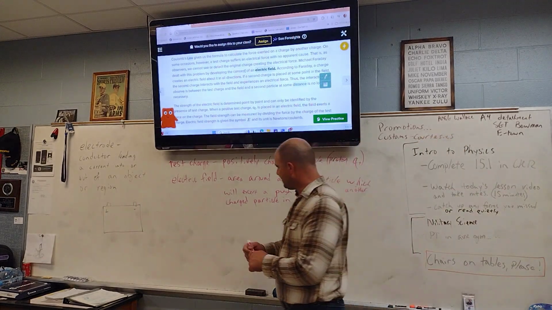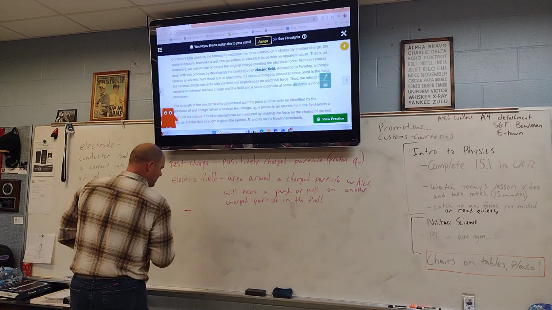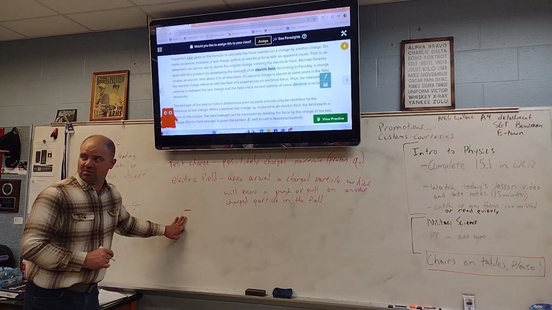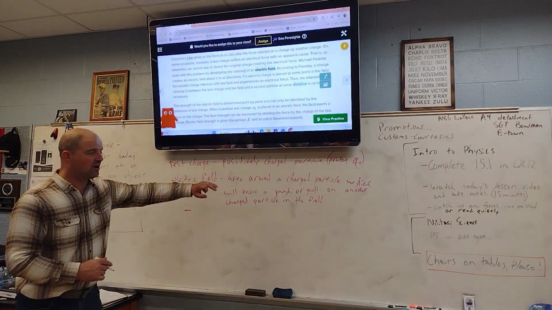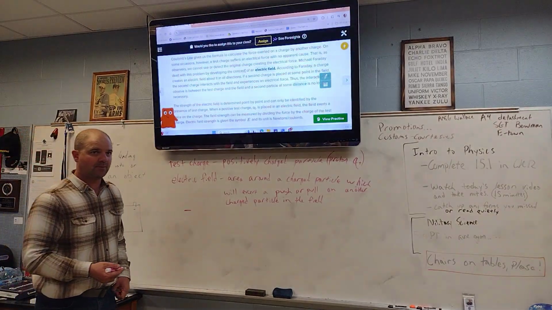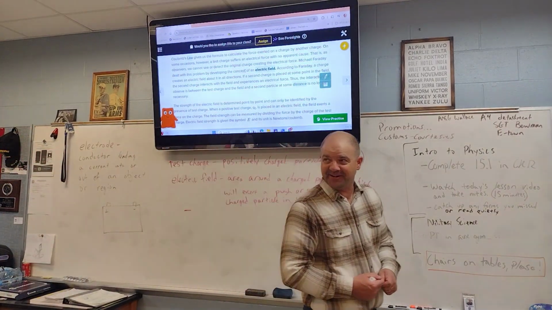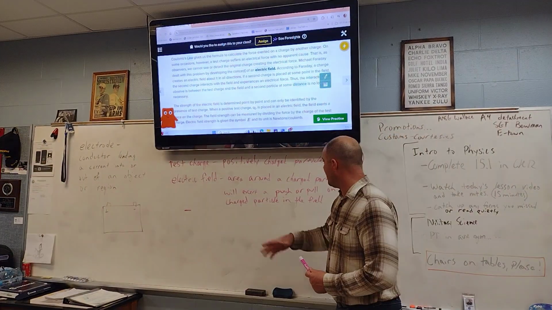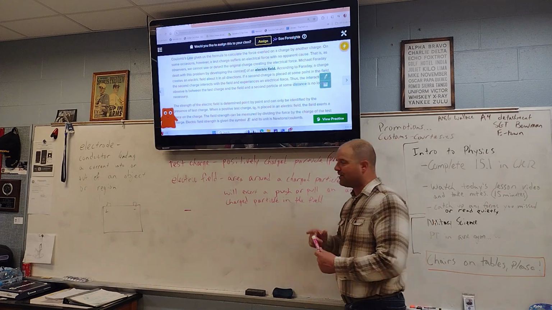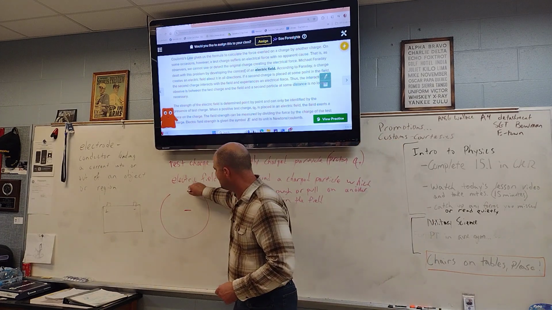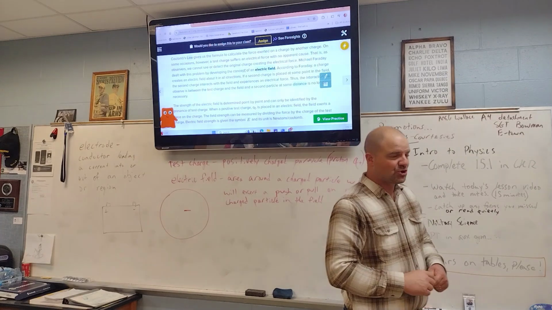To keep things simple, I'll start off with just a negative particle. That negative charged particle is probably a what? Probably an electron, right? And it's going to create a field around it, an area around it. So we'll just use a circle to kind of show that.